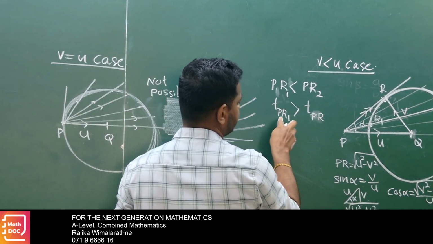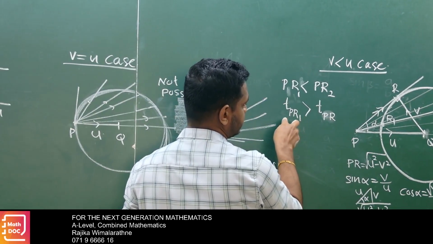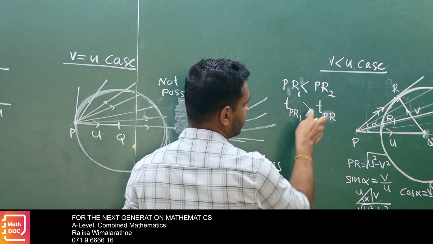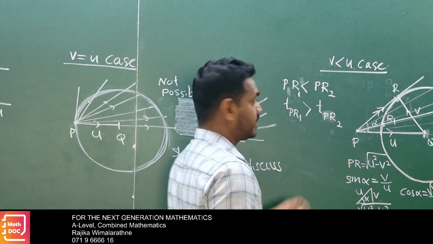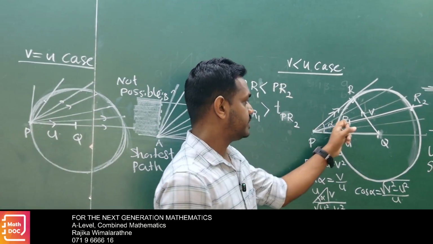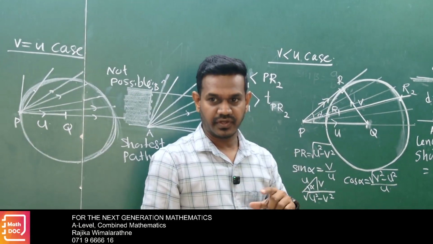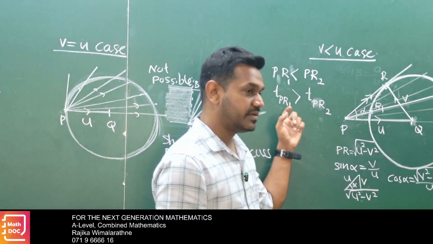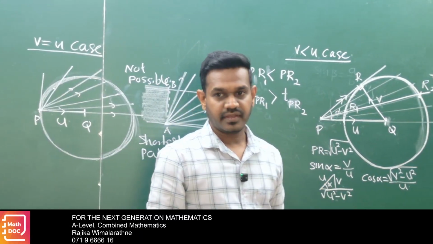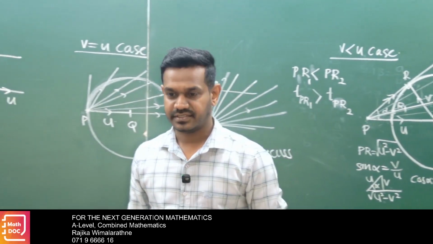Then take here the time to cross the river with PR1. Here TPR1 greater than TPR2. Just write. Then PR1 less than PR2, then resultant velocity is small, no? Then the corresponding time will be higher, no? Okay, just write. Just get that idea first.